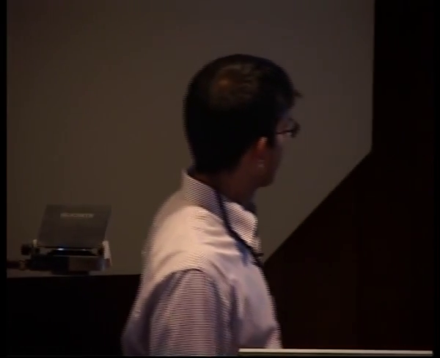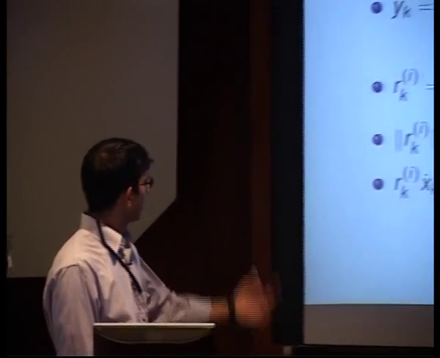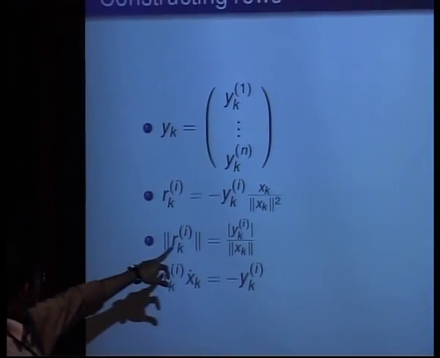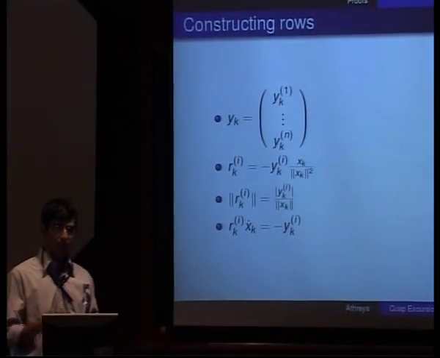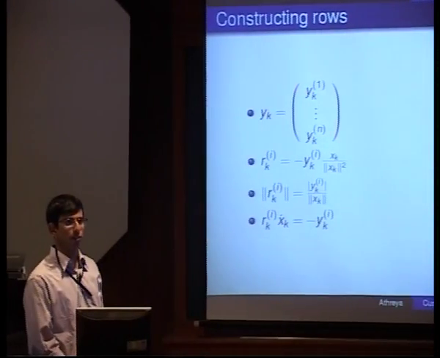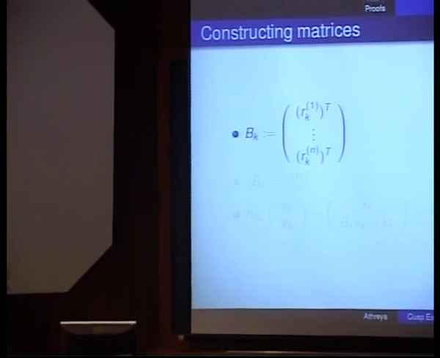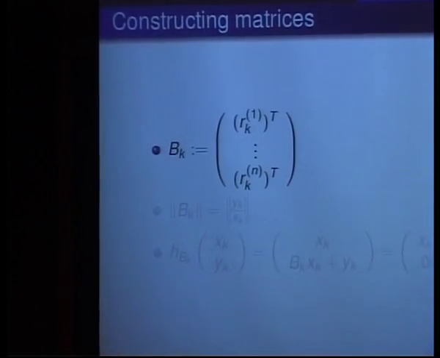The more crucial thing, how did a dot get on top of xk? Okay. rki dot xk, not xk dot. So when I take the inner product of rki and xk, I simply get this value, minus yki. Because xk dot xk is just the norm of xk squared. That goes away. Great. So these are some vectors with some nice properties. So now I make my matrix B to be the matrix with these guys as my rows, rk1 through rkn.